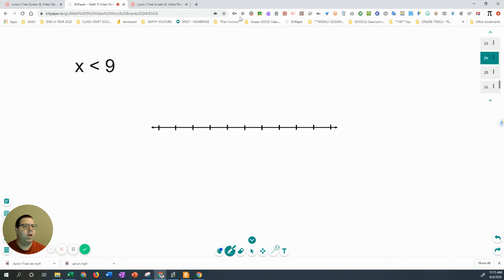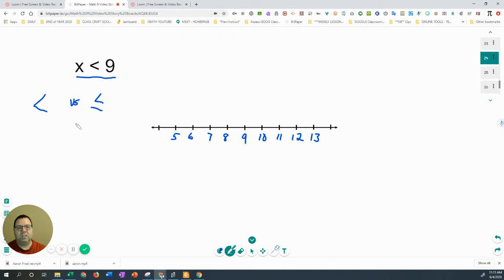Okay, so if you have, say, x is less than 9, the very first thing is, of course, use 9 as your starting point, somewhere near the middle. It doesn't have to be exact. Start writing in your numbers if they're not provided to you. There's a difference between less than versus less than or equals to.